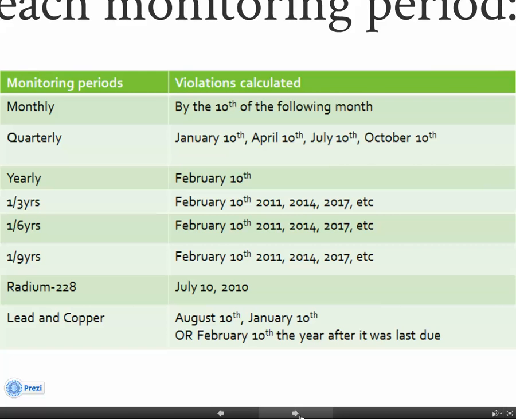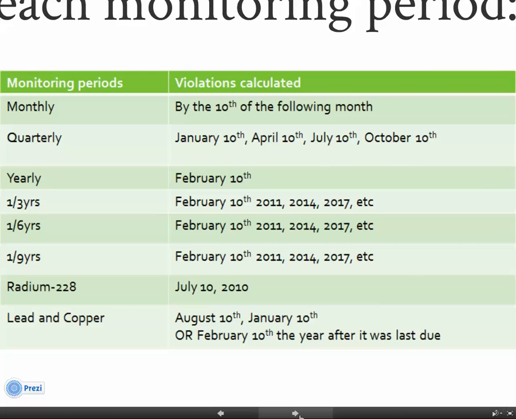If you have a monthly sampling requirement, such as your coliform sampling, then we calculate violations by the 10th of the following month. So in April of 2013, by April 10th, we'll be calculating the violations for failure to sample as well as quality violations for March.